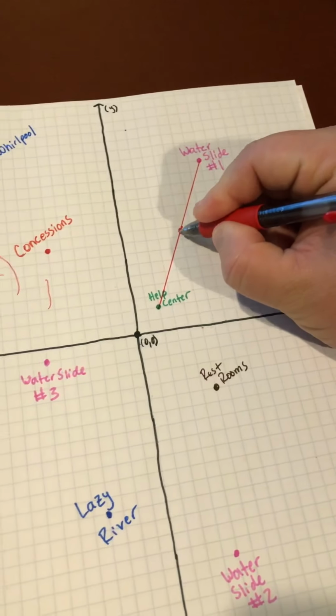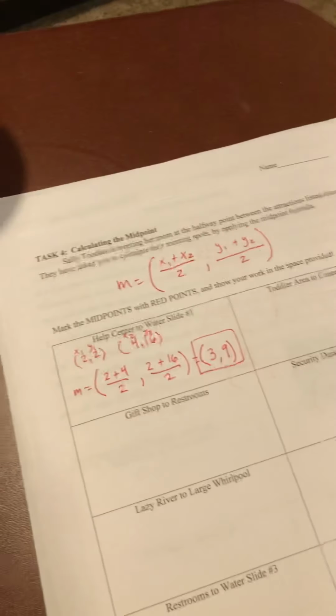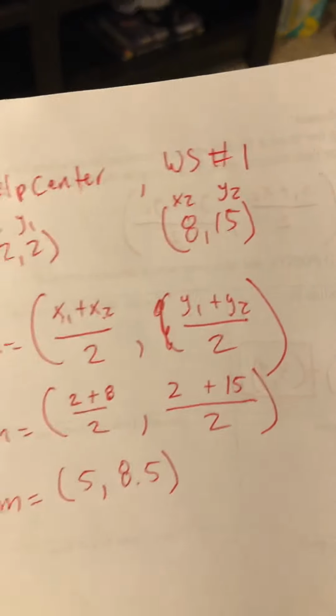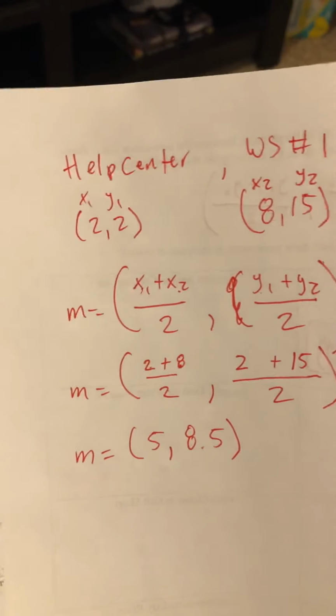Put a point, and that is where, if I go back to my directions, Sally Toodles is going to meet her mom at 5, 8.5. Okay? And you're going to continue to do that example from each one.